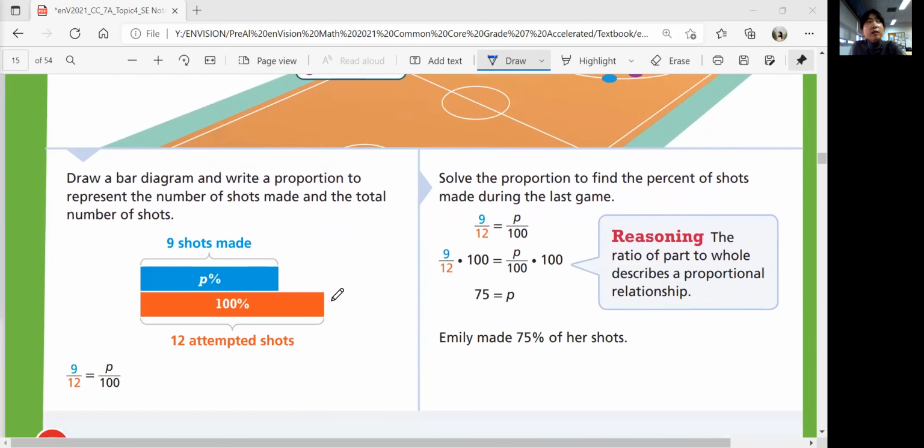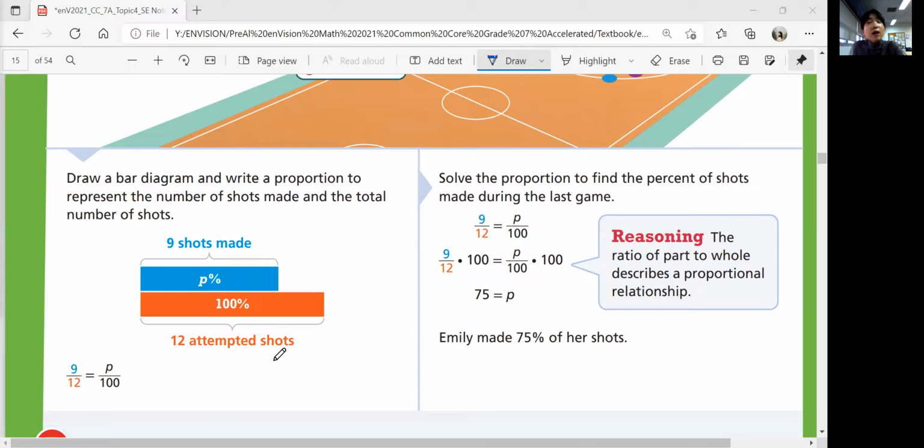So make a bar diagram in order to visually see it. 12 is total attempted, and 9 is how many she made. So 9 out of 12 would be the proportion.